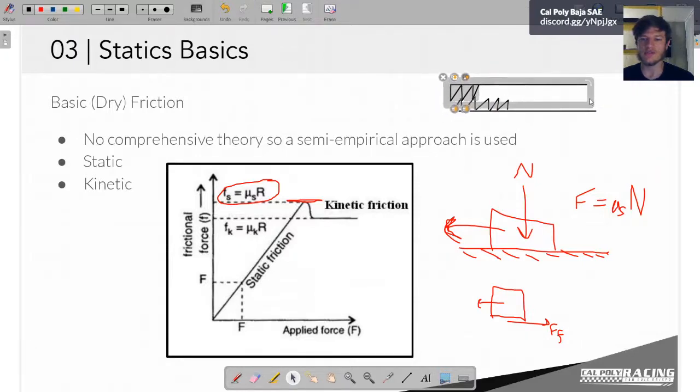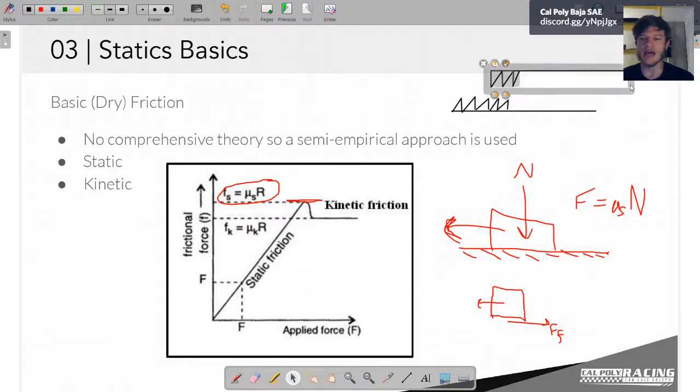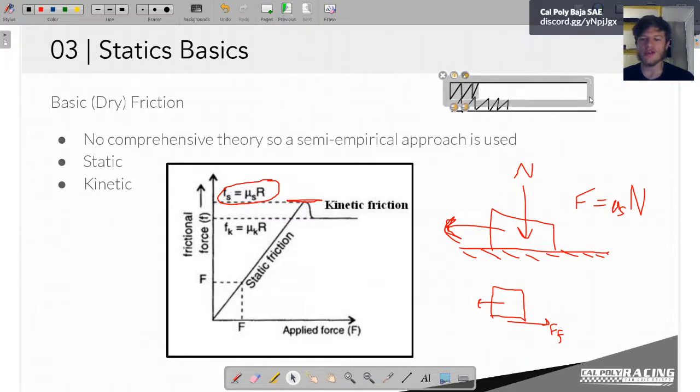As long as you keep this moving, it'll kind of glide along the tops there. You can think of that as being like, once you overcome static friction, then you don't have to work as hard to prevent it from slowing back down. But that's hopefully all you need to know about friction until you start to do much more complicated things.